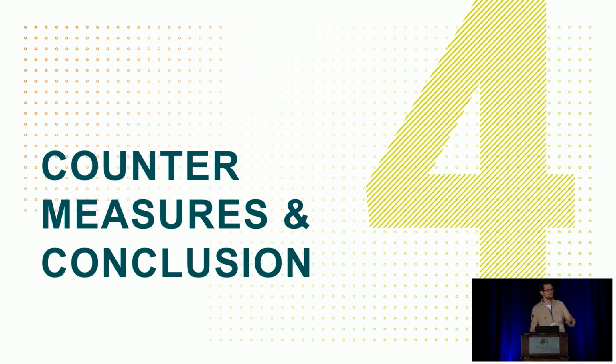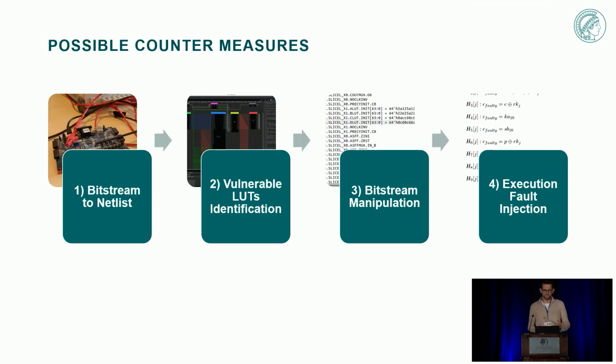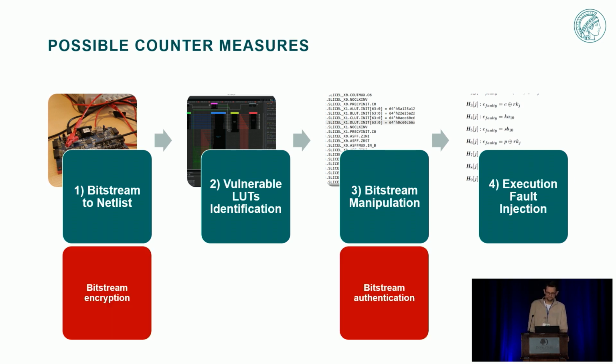Okay, so coming to a conclusion and wrapping this up, we had these 4 steps we have to carry out to carry out this attack. And quickly thinking about countermeasures, we can counter, of course, with bitstream protection mechanisms, so encrypting the bitstream or authenticating it. But on Xilinx 7 series devices, this is already broken, and on UltraScale devices partially.